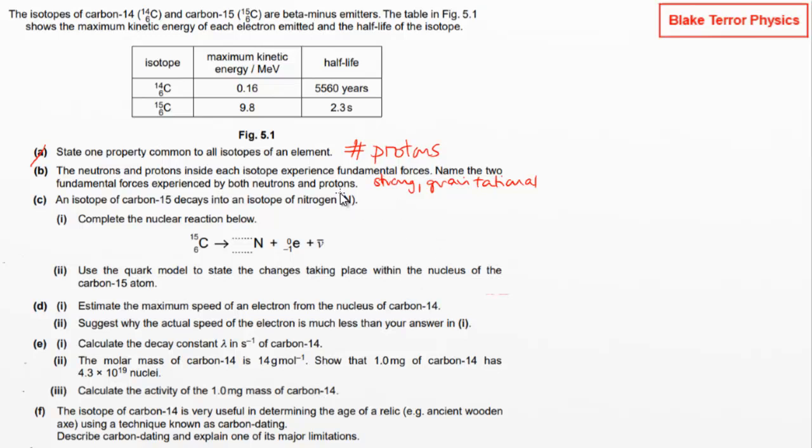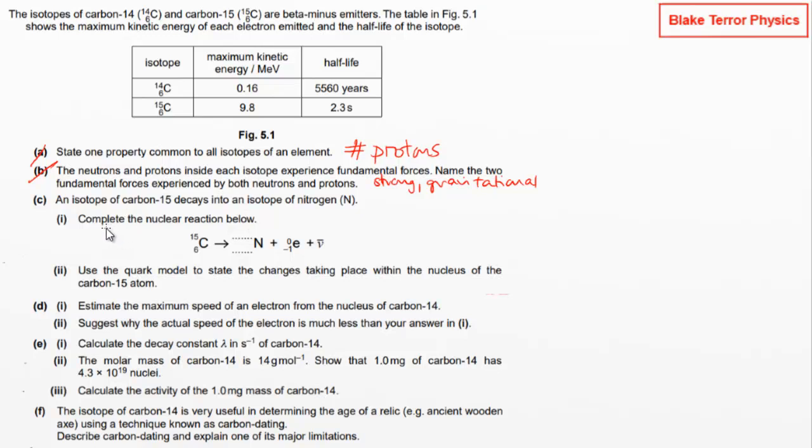I mean, they both can be involved in beta minus or beta plus decay, depending on which one it is. So we both got beta decay associated with them, but I think they're probably going for strong nuclear and gravitational here. But there you go. I think there's a case for putting in weak as well.